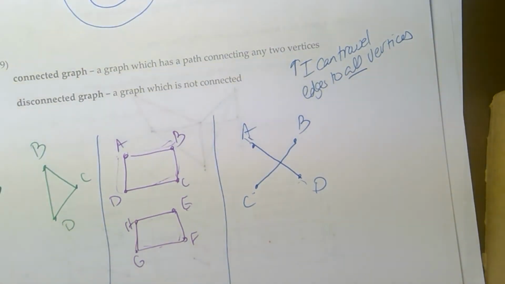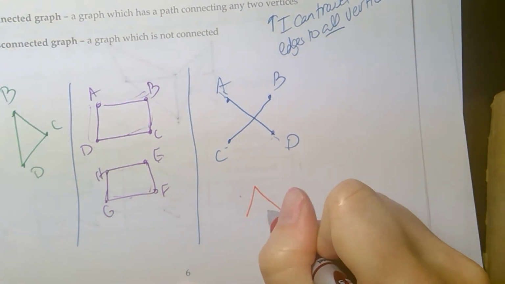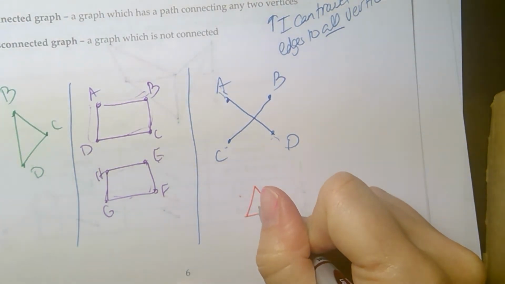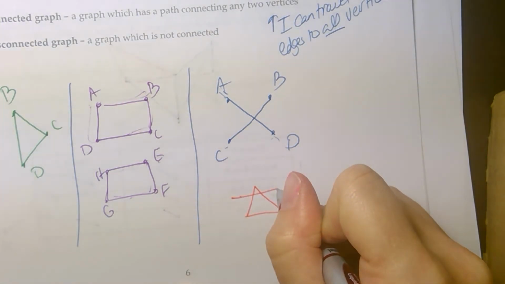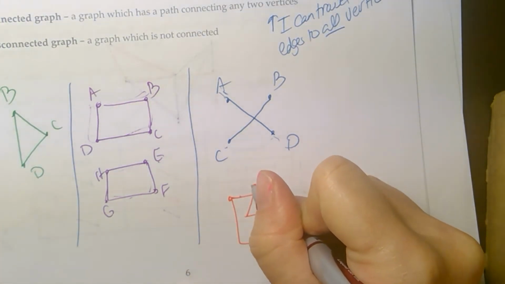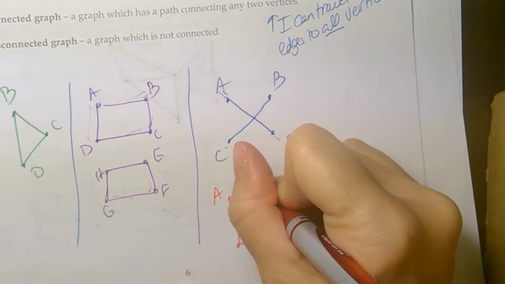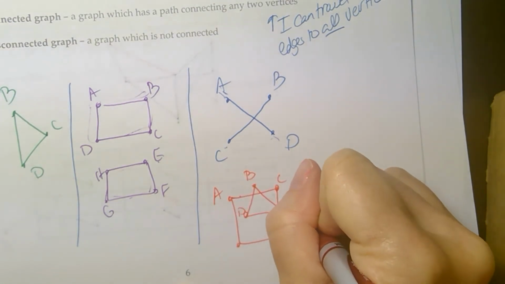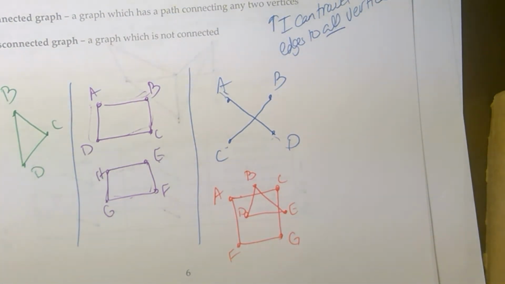Let's do one more example of a disconnected graph. We'll make it just a little bit more complex, just to remind you that you don't count intersections as a place to change direction if there's not a vertex there. These 2 graphs are disconnected.